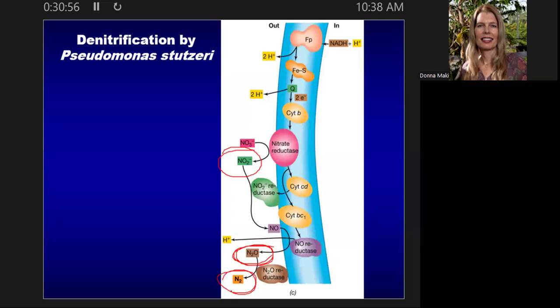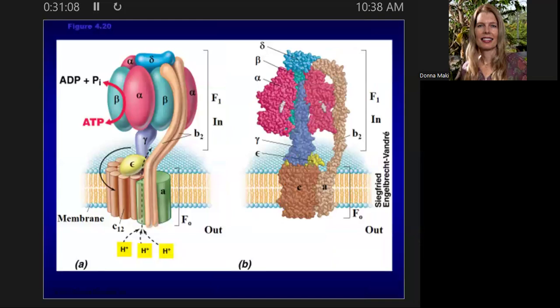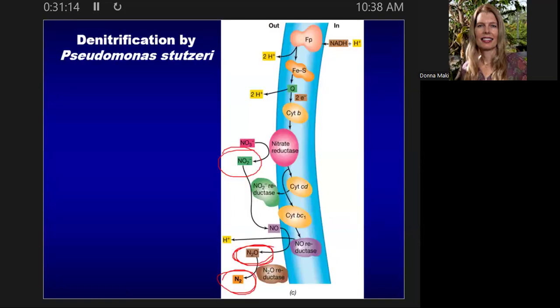So as they're doing this, you can see there's proton pumping going on at various stages, which is great because, and again, the artist left off the ATP synthase. So imagine that proton gradient developing and then flowing through the ATP synthase, those protons, to get you your ATP. So Pseudomonas is famous. Many species of Pseudomonas can do this. This is Pseudomonas stutzeri, which has been pretty well studied.